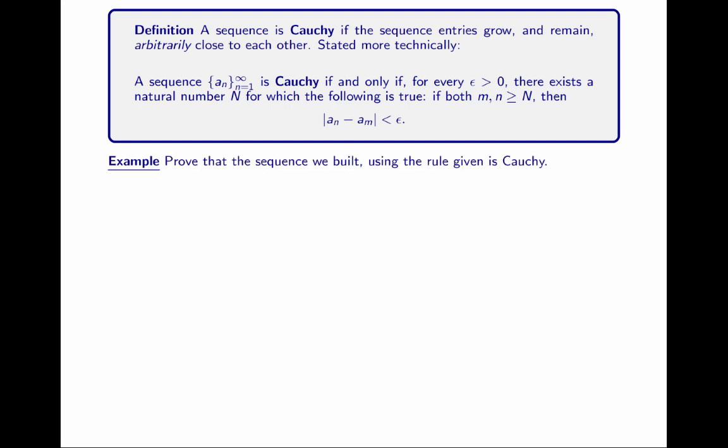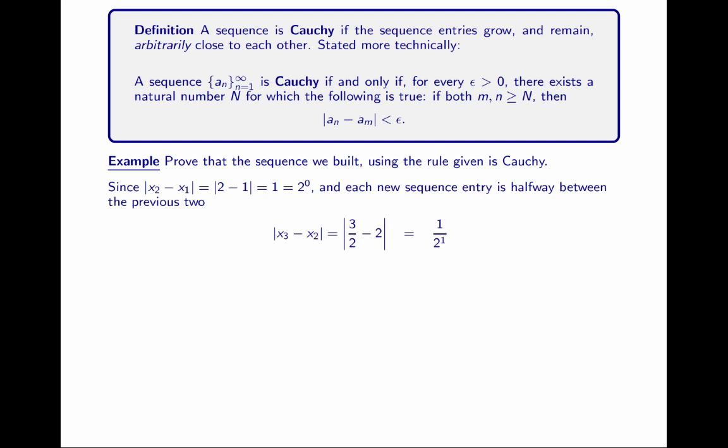So an example of a Cauchy sequence would be the one we just built. Since the first difference is 1, which is 2 to the 0, the second difference, in other words x3 minus x2, that's half. x4 minus x3, that's a quarter. x5 minus x4, again in absolute value, of course, 1/8.